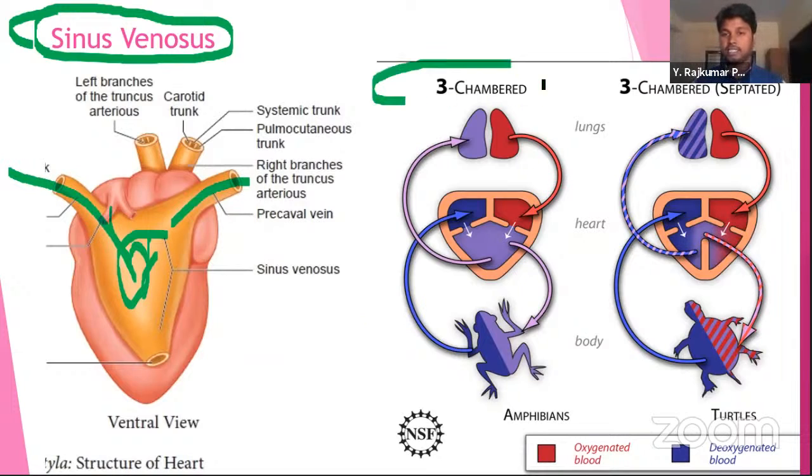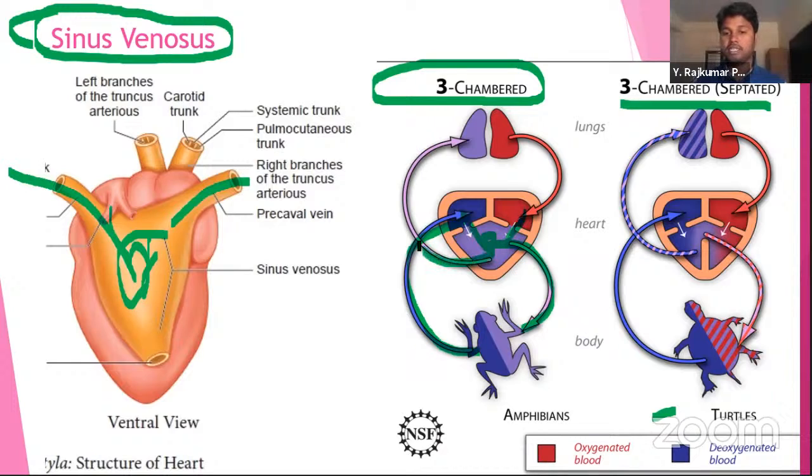You can see here the three-chambered heart in the amphibians, which is different from the three-chambered heart in the reptiles. In reptiles, it is incompletely divided ventricle. There is incompletely divided ventricle, but in amphibians, there is only one ventricle. You can see here, there is one ventricle, and which is supplying the blood to all parts of the body, and deoxygenated blood coming to the right atrium, and again mixing in the ventricle.